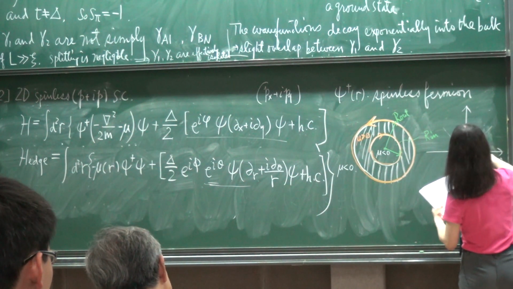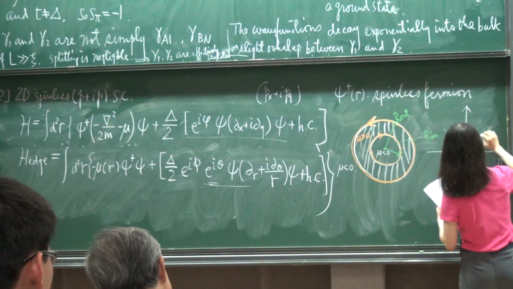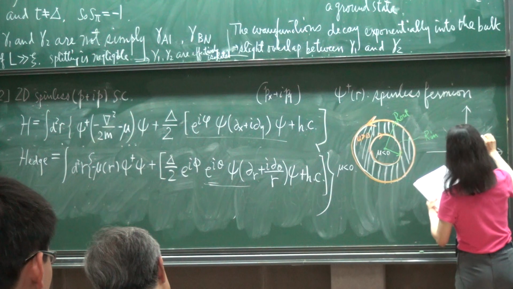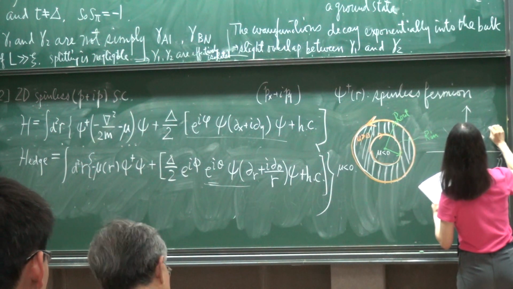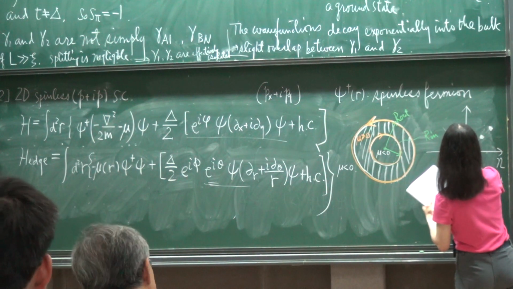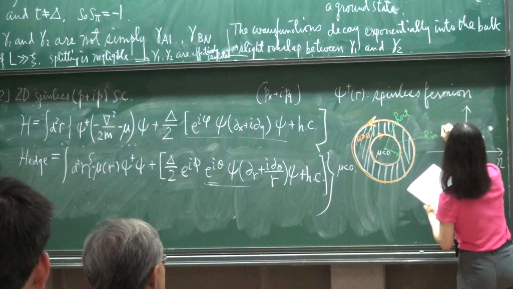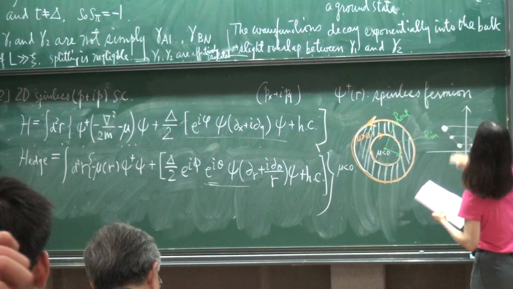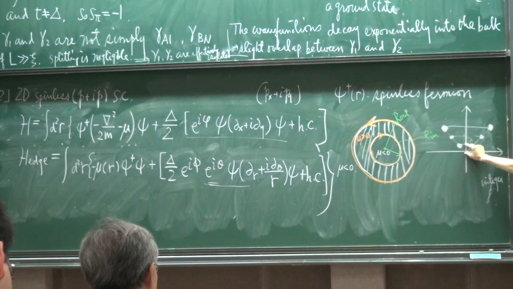These discretized energy states will look like this. This is one half.